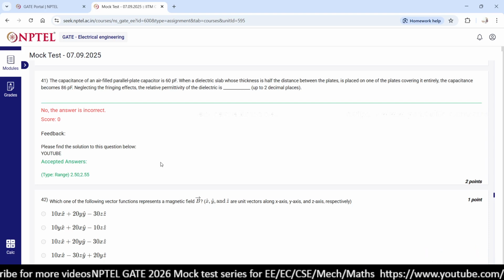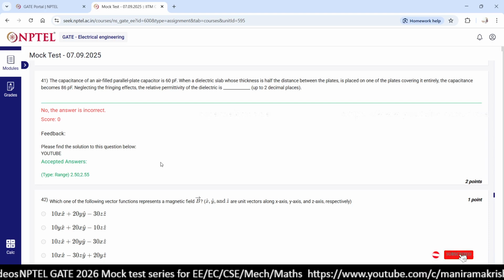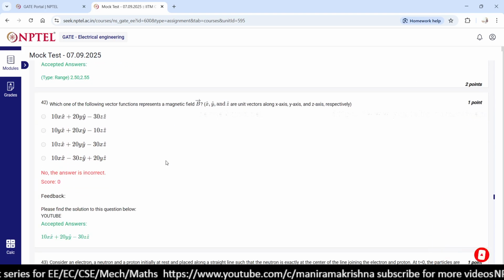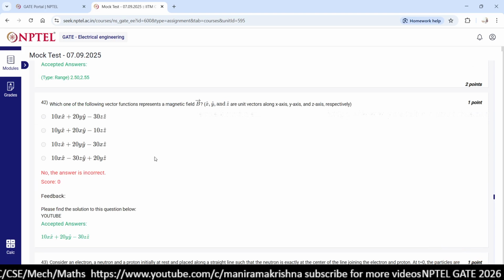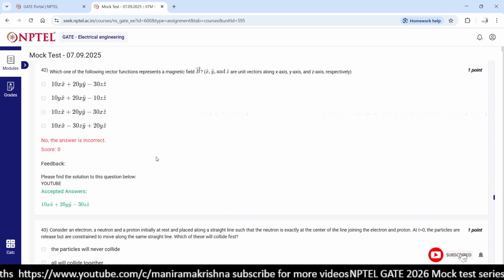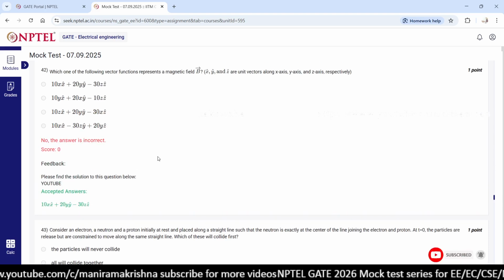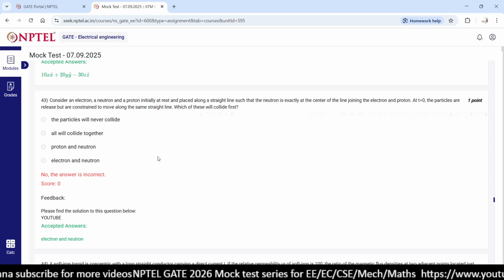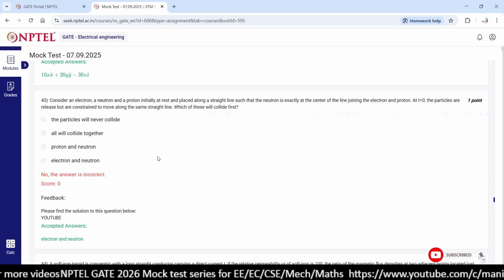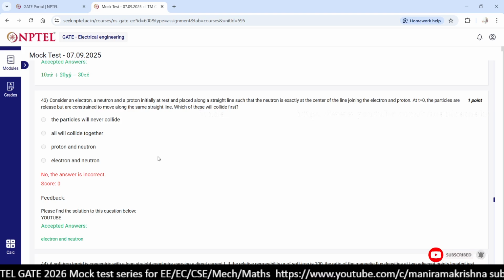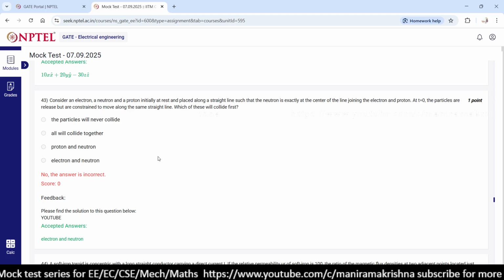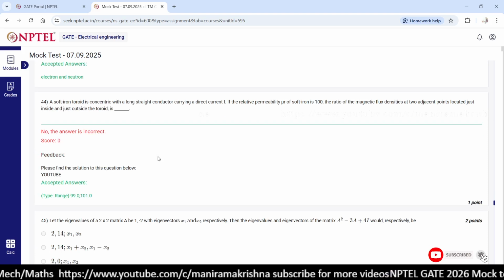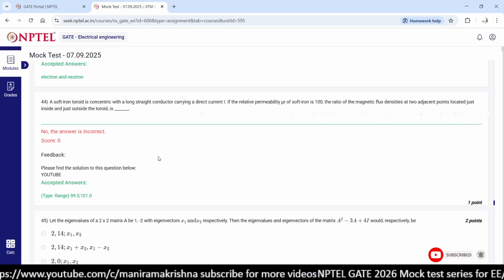You can see the 41st question, a fill in the blanks question for 2 marks. You can check the basic electrical question, BW.